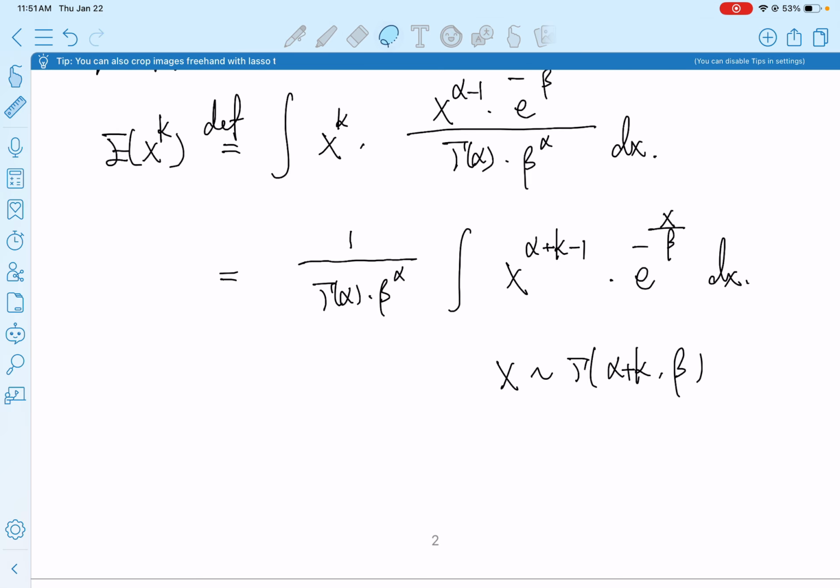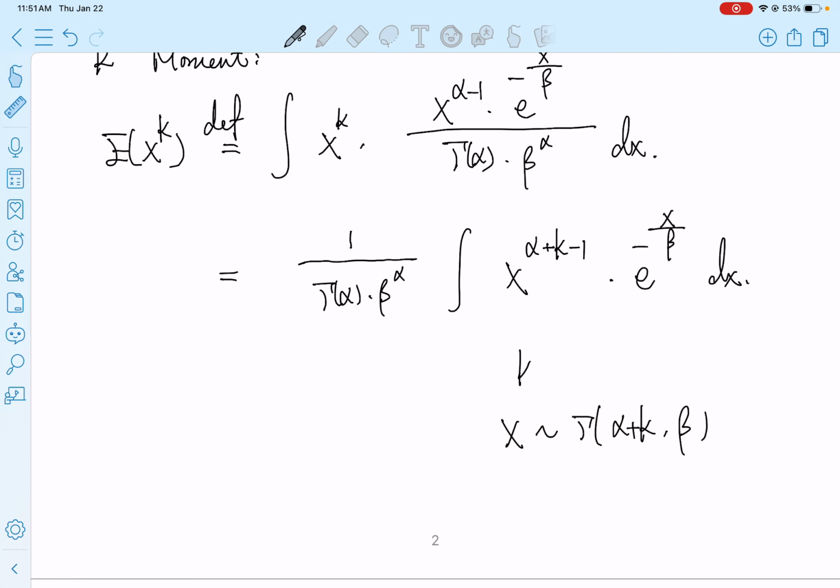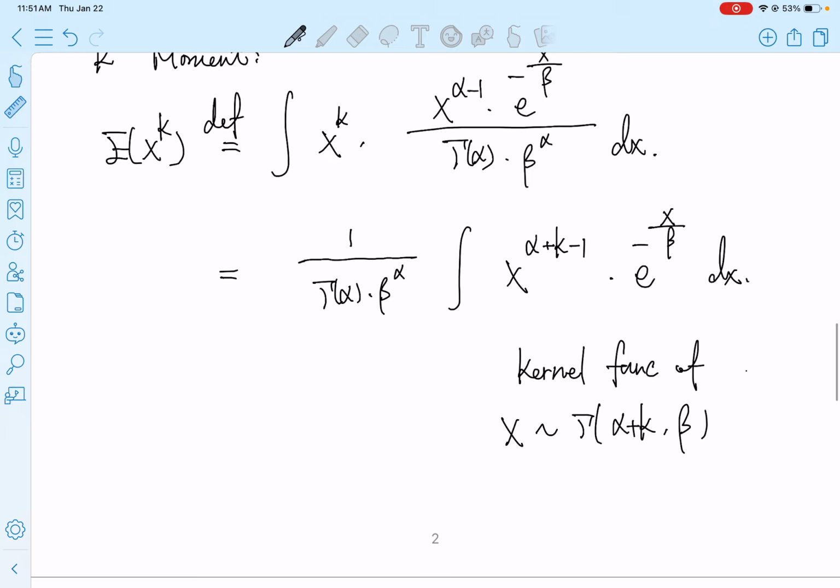If a random variable follows that distribution, then this is its kernel function. Again, this is the kernel function for a random variable following this particular gamma distribution, where the alpha parameter is now alpha plus k, and the beta parameter is beta.